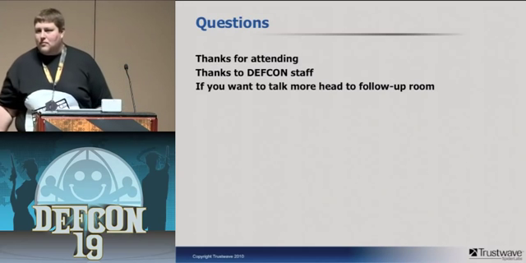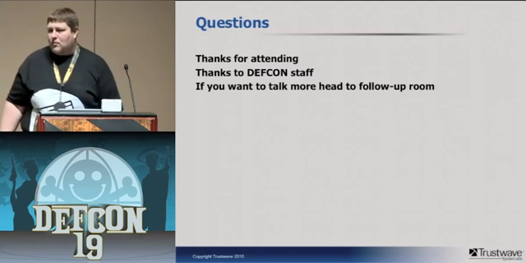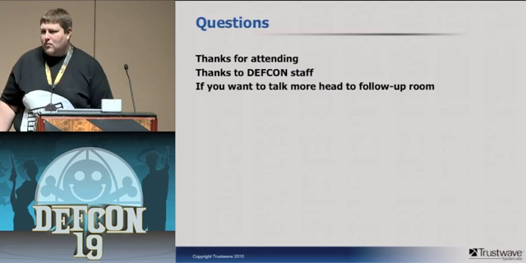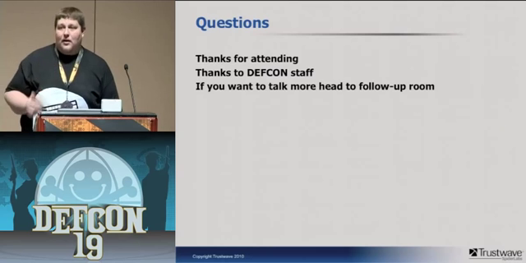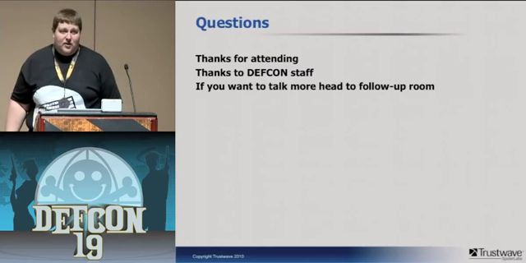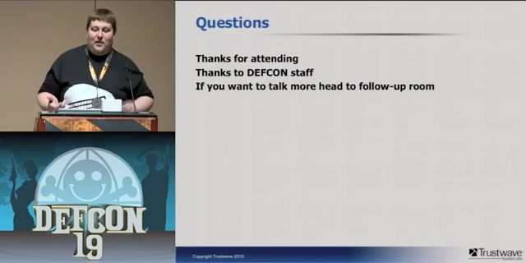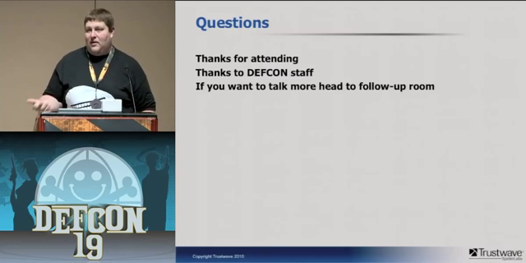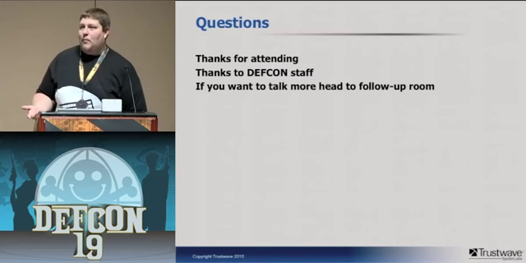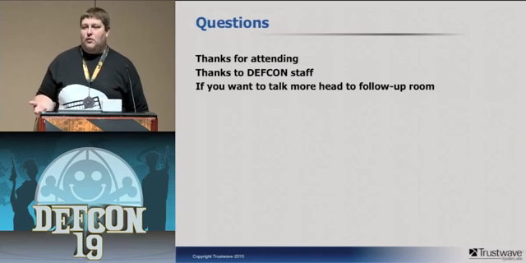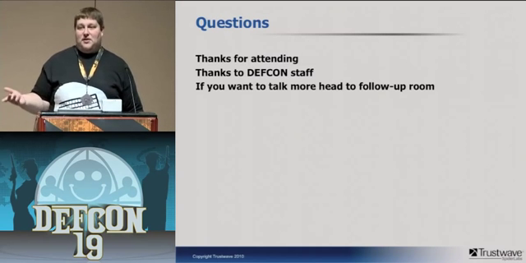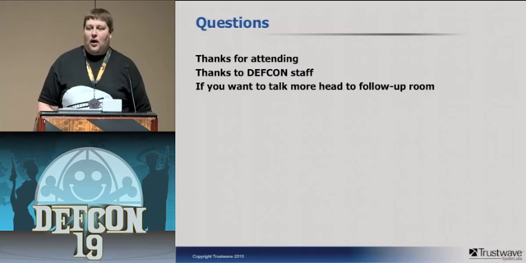The last thing about your presentation: some packets were shown with the MAC address instead of an IP address while you're sniffing. Did I correctly see that? The question was, so for some of the packets, they didn't have an IP address, so the MAC address was shown. And that's right. As part of the DHCP stuff, you don't necessarily have to have an IP address to be sending DHCP information out.